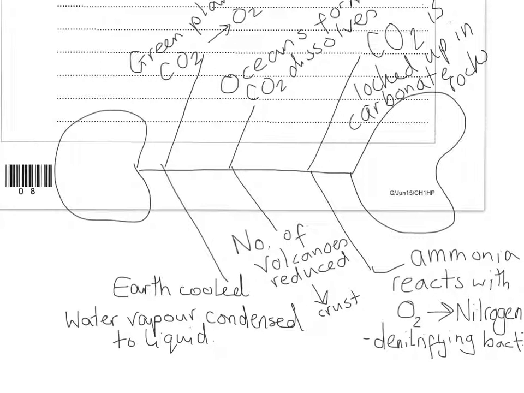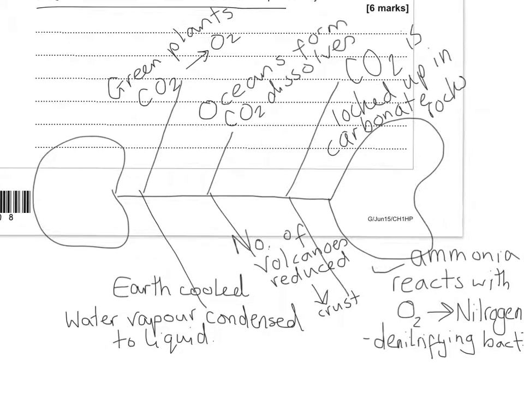Right, so then a quick overview to make sure we've got everything in that we want to include. So we've got green plants evolved and started carrying out photosynthesis, which turns CO2 into O2. The oceans formed and the carbon dioxide was removed because it dissolved into the oceans. The carbon dioxide can also become locked up in carbonate rocks. The formation of the oceans happened because Earth cooled and the water vapour condensed to form liquid water.